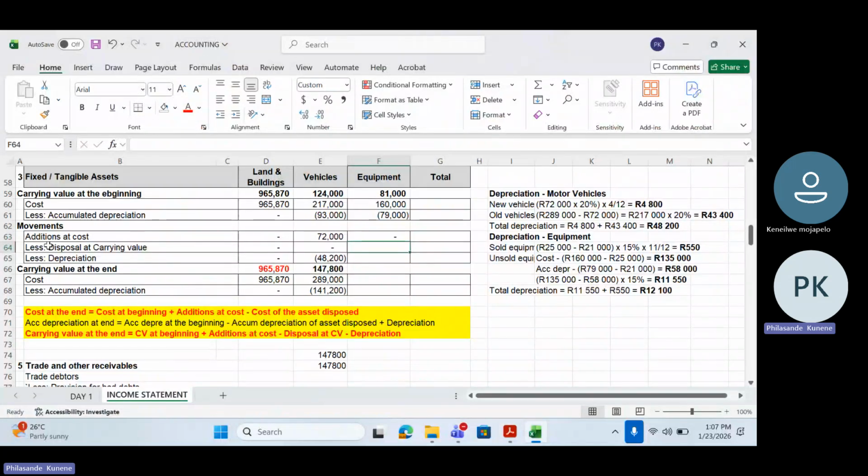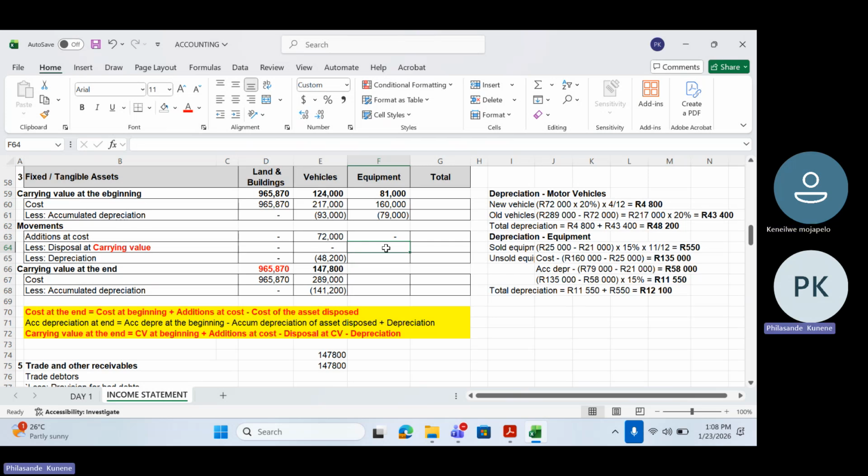Okay. Less disposal at carrying value. This one is very important. When I say at carrying value, what do I mean? I mean the carrying value of the asset disposed. You get what I'm trying to say? Here I want the carrying value of the asset that was disposed.